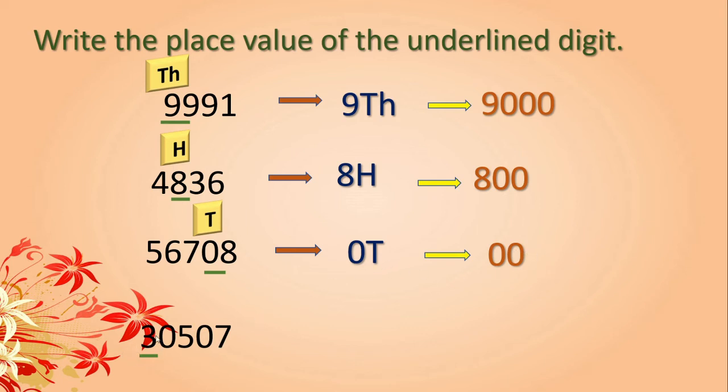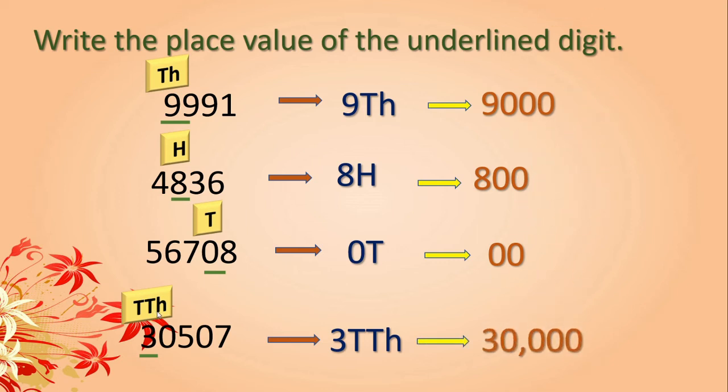And the last one, 3 has underline and 3 is in 10,000s place. What is the meaning here? 3TTH. That is nothing but 3 10,000 means 3 multiplied by 10,000, that is equal to 30,000.